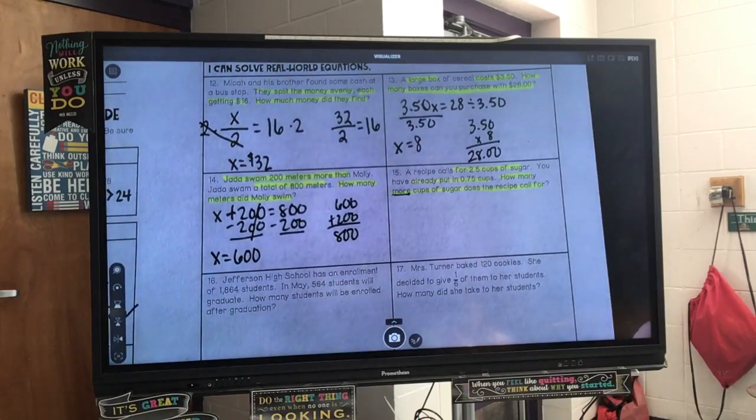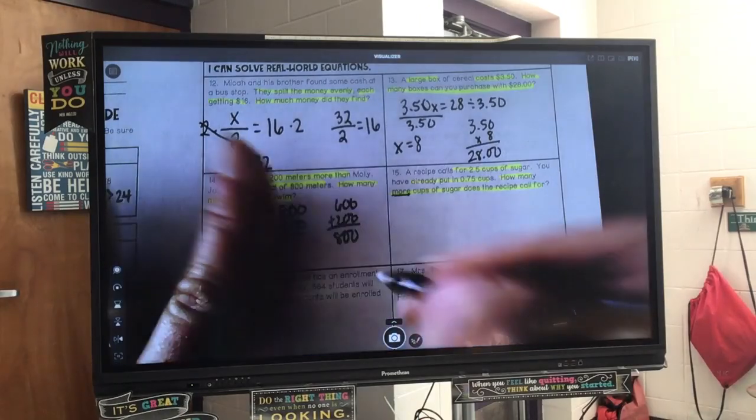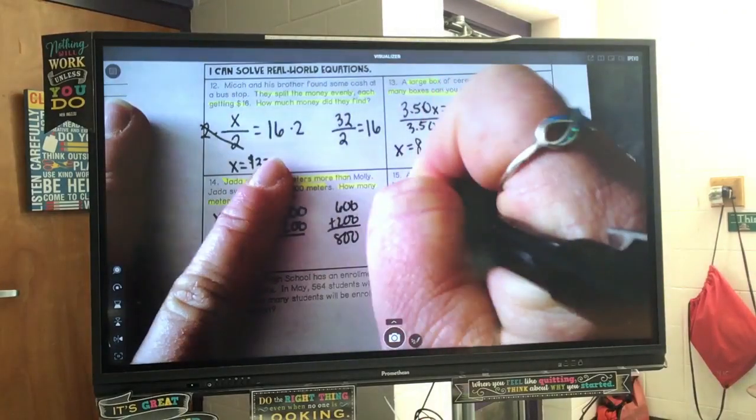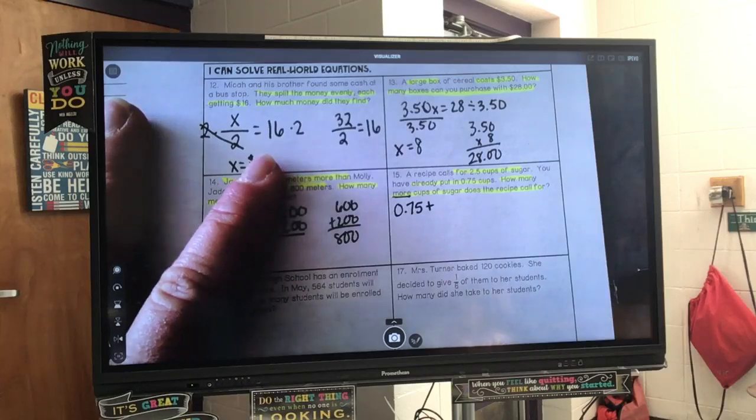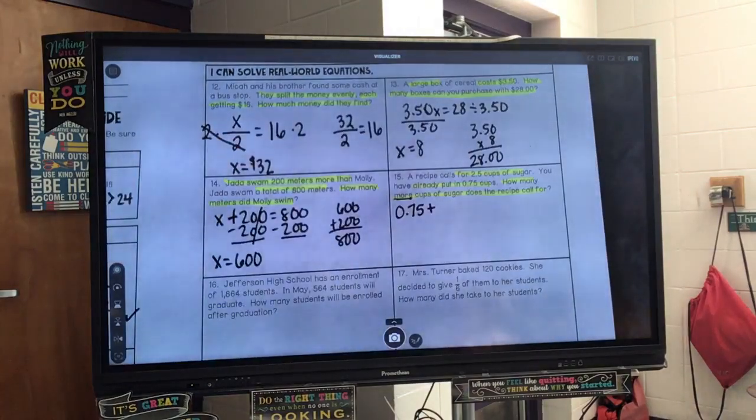Are we adding or subtracting? Okay? Do we know what we're adding? What I did was, I just added 0.75 plus 0.75. Right, but for our equation, do we know what we're adding? Do we know the other amount that we need for the equation?